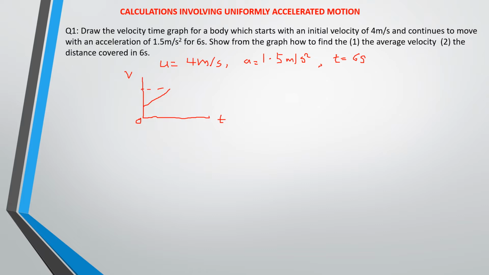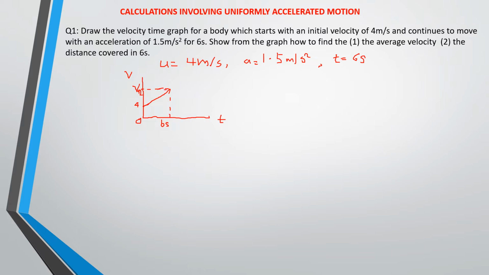So this is 4 meters per second, and then this is the time, 6 seconds. So it started from here and it got to this velocity, which we don't know. We're going to look for that.